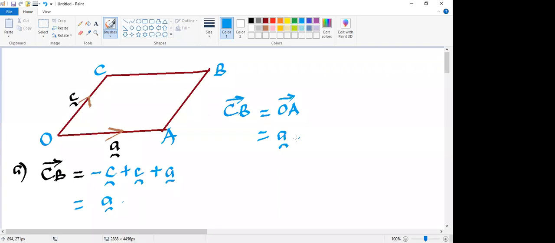When you say start from C, go to O, go to A, and go to B, it's correct, but it's longer. Vectors are equal if they are in the same direction and of equal magnitude. CB and OA for a parallelogram are equal in magnitude and they are acting in the same direction. And so those two vectors are equal.